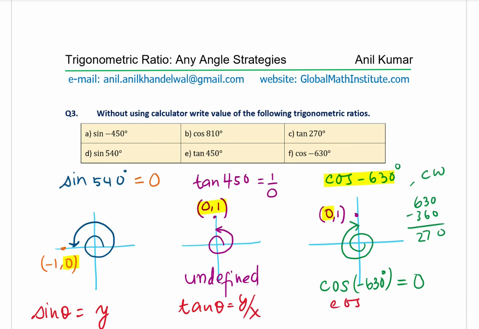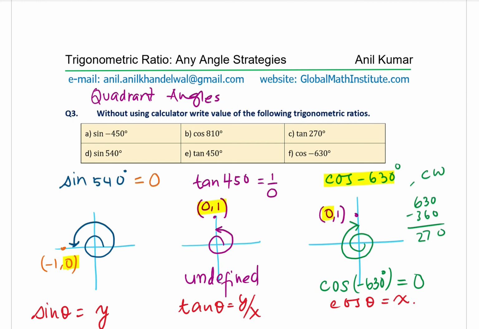And for cos theta, it is the x value, which will give you the answer for the quadrant angle, right? So this is the case when we are looking into the quadrant angles. I hope that makes sense.